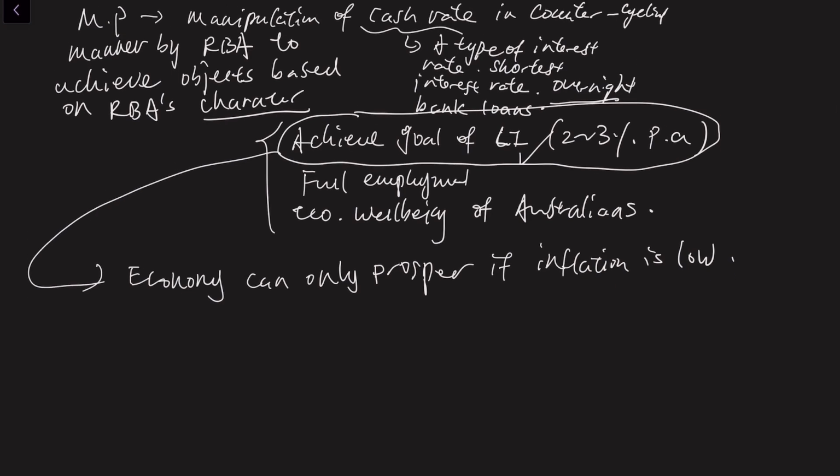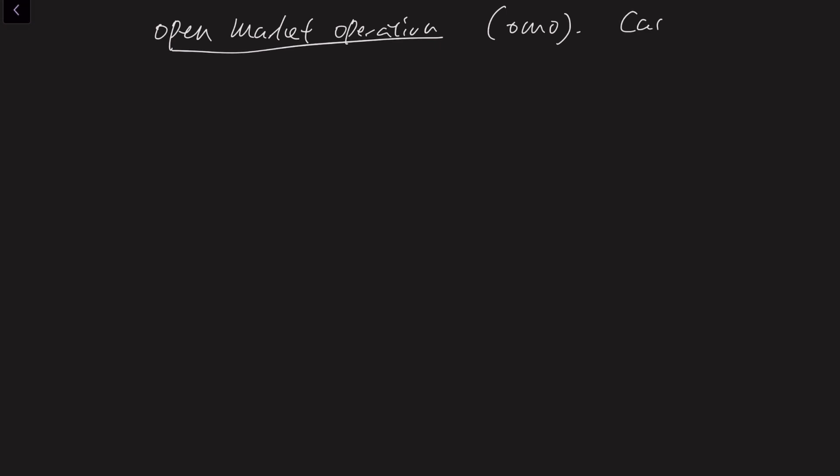So how can the RBA manipulate the cash rate? It is done by something called open market operation, or OMO. This only applies to the cash rate. All other types of interest rate cannot be controlled via open market operation.